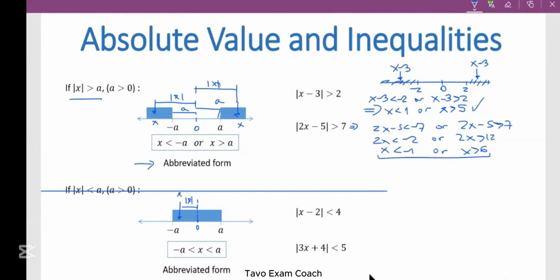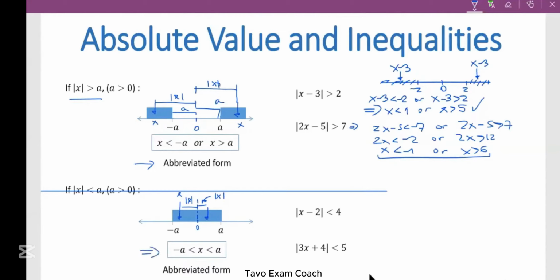So x could be here or x could be here, right? The distance is less. This distance is what we call the absolute value of x, and it is less than a units. So because of that, the value of x could only be between negative a and positive a.